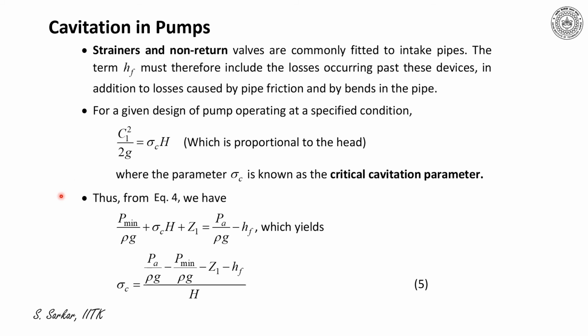Thus, in equation 4, replacing the velocity head by sigma C into H, we have P minimum divided by rho g plus sigma C into H plus Z1 is equal to PA divided by rho g minus HF, which yields sigma C equal to PA by rho g minus P minimum by rho g minus Z1 minus HF, divided by H. That is equation number 5, which is very important, that gives the value of the critical cavitation parameter.